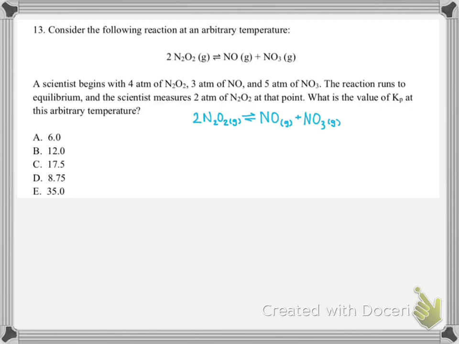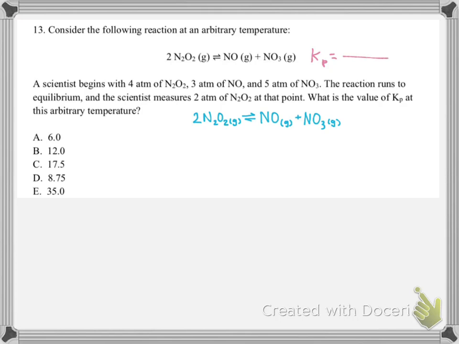So in number 13, we have this reaction, and they want us to figure out Kp for it if they give us some initial values and an equilibrium value. For equilibrium problems, it's always a good idea to start by just writing what your equilibrium expression would be.